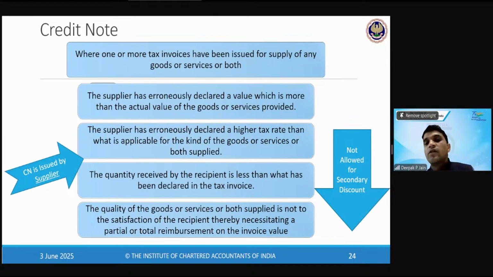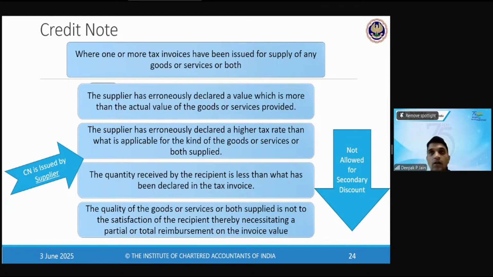Apart from this, you cannot raise any credit note, and credit note will always be raised by the supplier. Recipient cannot raise it. A credit note and a debit note have to be raised by the supplier. In our accounting, we have seen a credit note is raised, corresponding debit note is raised. That is not the scenario in GST. Every debit note should be accompanied with a credit note, and every credit note should be accompanied with a debit note is in accounting.